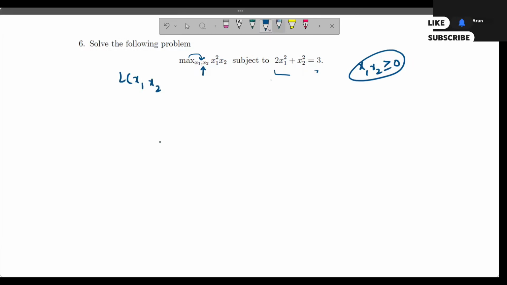You need to solve this using the traditional way, and then compare the solution with Lagrange, and then you will say that Lagrange does not apply here. For Lagrange, the first order derivative has to be equated to zero. If, because of the rest of the constraints, you find there is no way to get it zero, then you will say that it doesn't apply. We'll come to that question also.